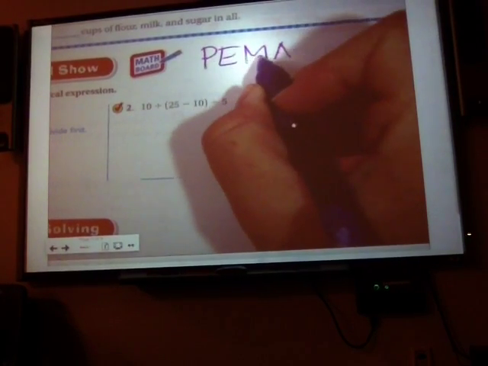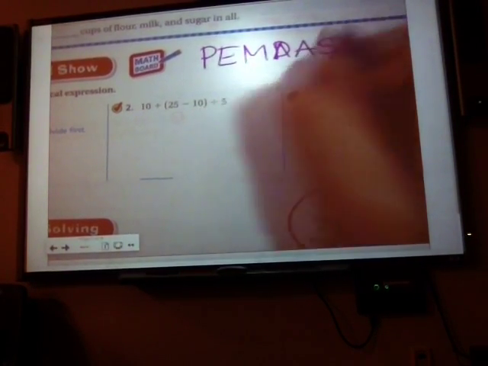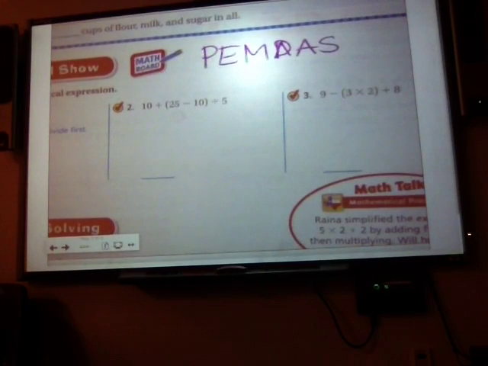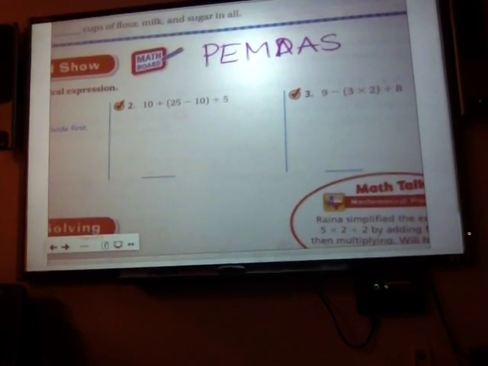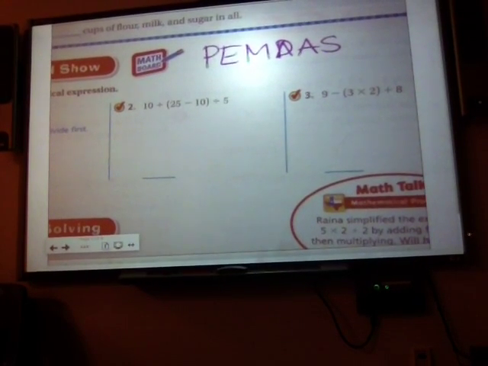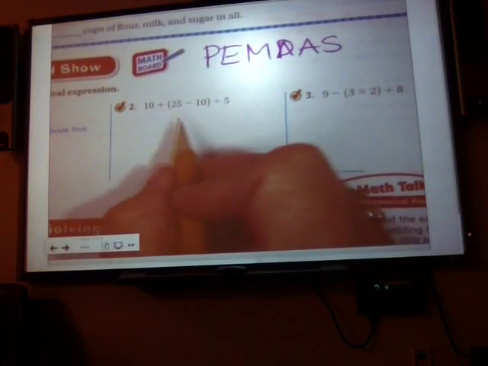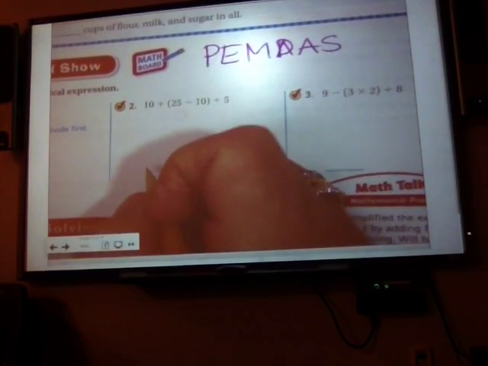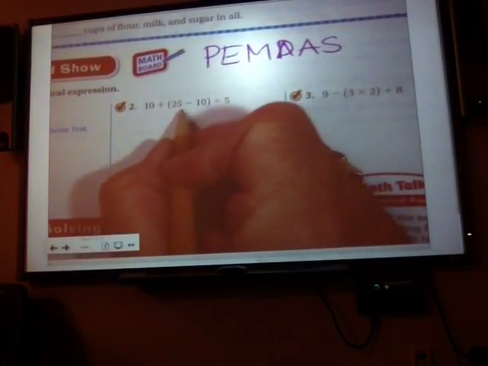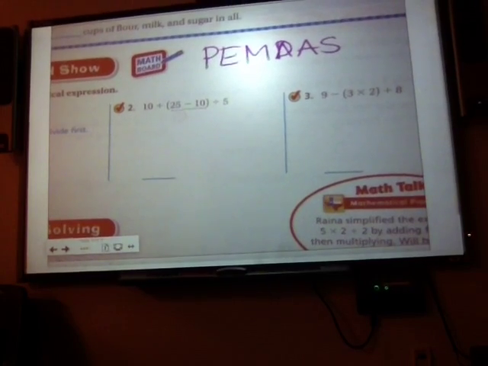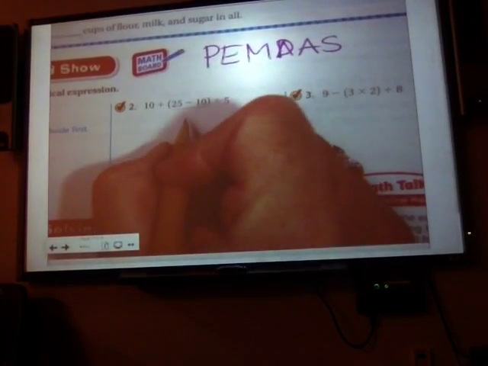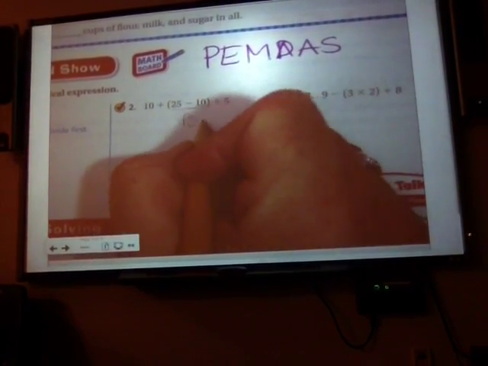Please excuse my dear Aunt Sally. Do I have a parenthesis? Yes, I sure do, so let's underline that. So therefore, my problem is what? 25 minus 10 is what? 15. I'm going to bring everything else down that I have not used.